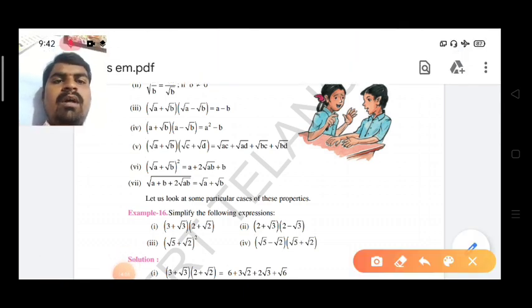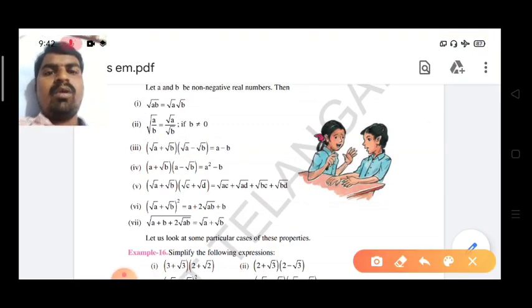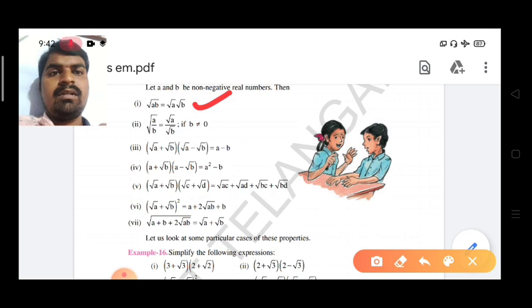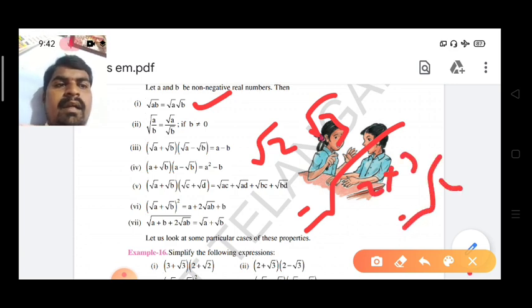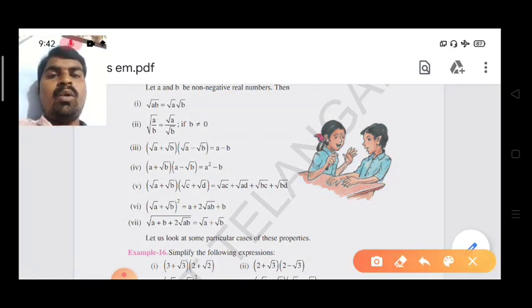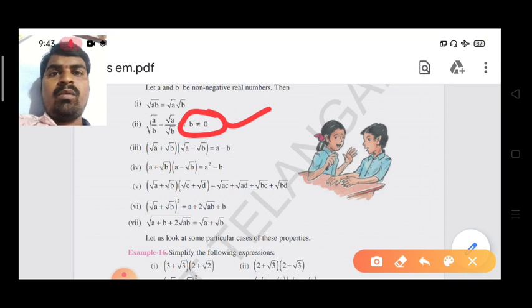Here some very important formulas are there. The first: under root AB, we can write under root A into under root B. For example, root 2 into root 3, we can write under root 2 into 3, so root 6. The second: under root A by B equals under root A by under root B, but the condition is B not equal to 0.